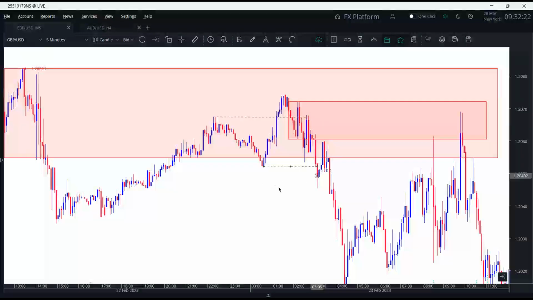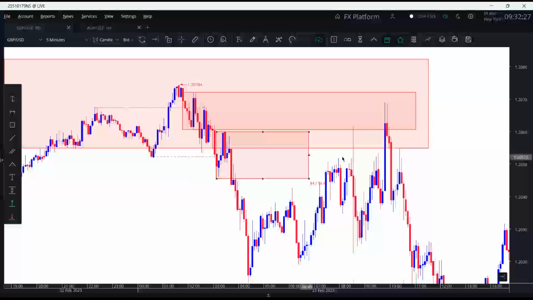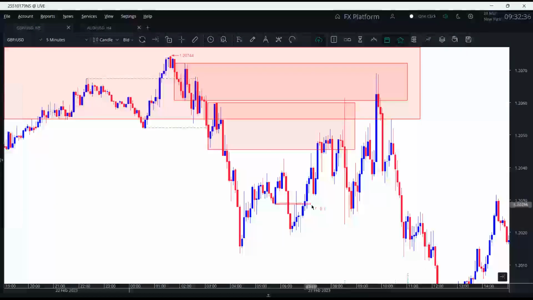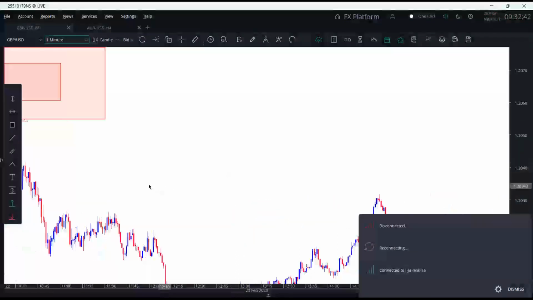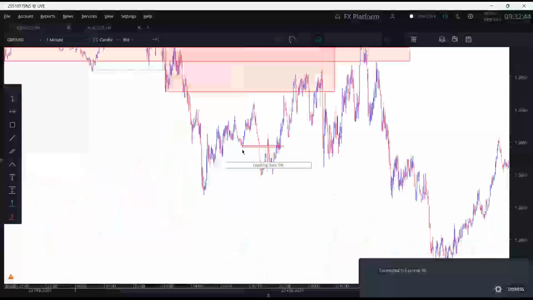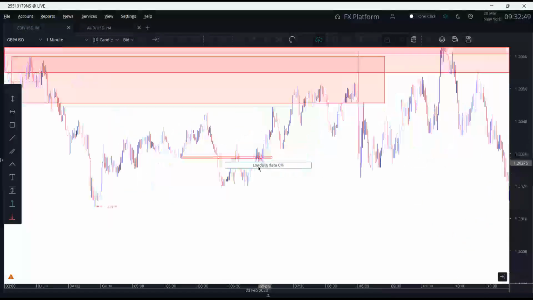So here we have another RSFL too, but you see that price engulfs this one, and gets back to this left shoulder kink right here. Sorry, let me move to a lower time frame. So what is this? Oh, okay.